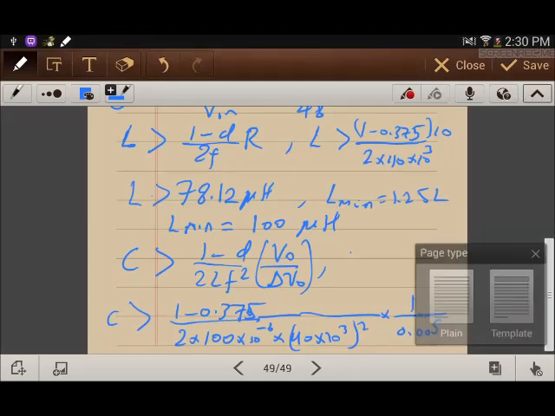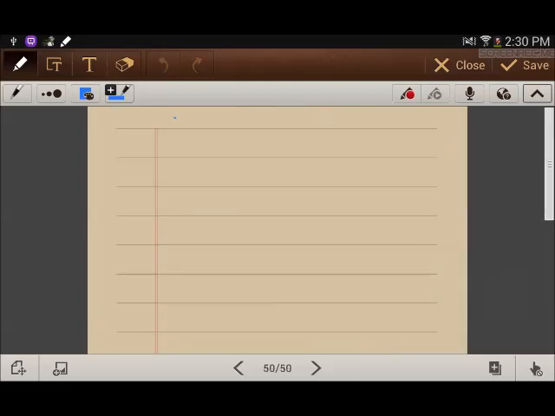So C should be greater than 97.66 microfarad.